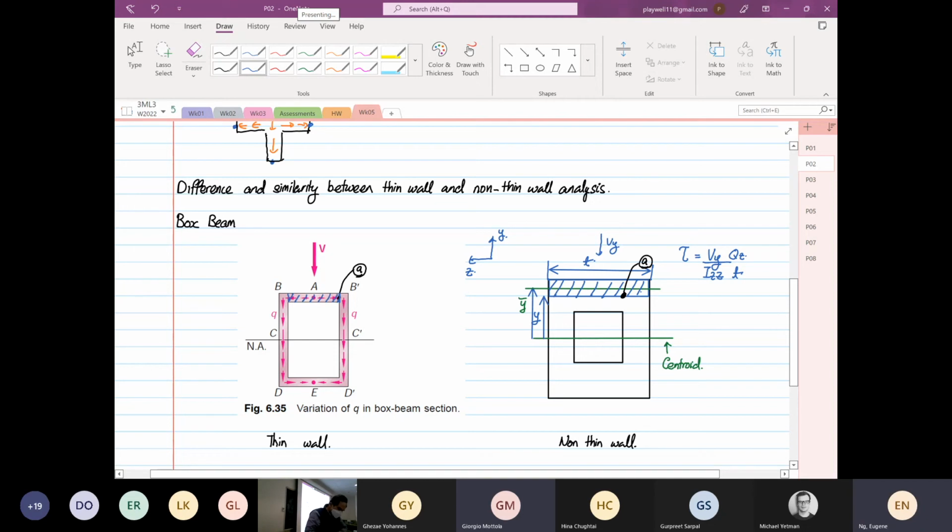Okay, so that is the area of interest. And the thickness is this thickness.